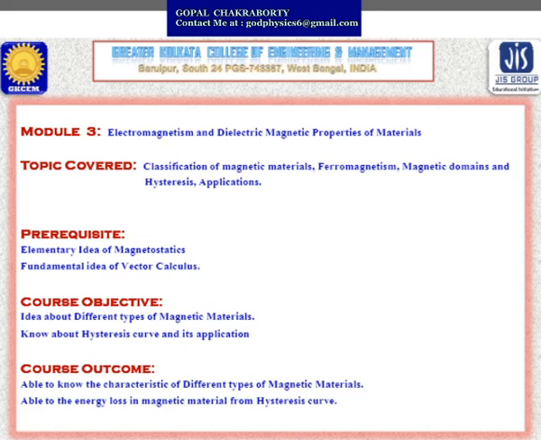After completion of this course, the student will be able to know the characteristics of different types of magnetic materials, and will also be able to find the energy loss in magnetic materials from the hysteresis curve. So these are the possible course outcomes.